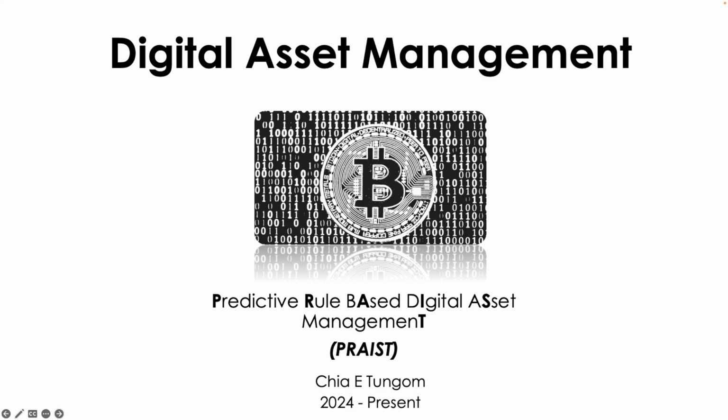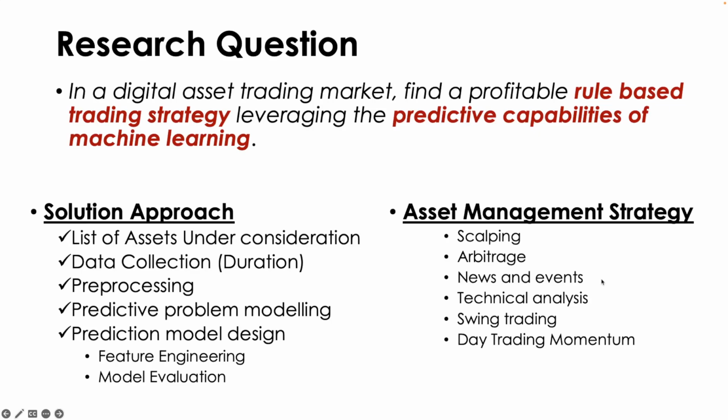To begin, we want to establish a hypothesis for what we are doing. I will use this as a form of research question. If you're doing research in any institution or you're just curious about how things work, you can also ask this question and try to solve the problem.